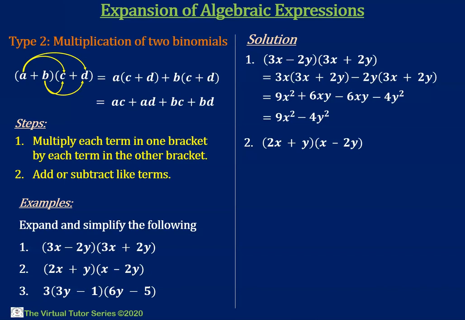This gives us 2x(x - 2y) + y(x - 2y). 2x times x is 2x squared. 2x times negative 2y is negative 4xy. y times x is xy. And finally, y times negative 2y is negative 2y squared.